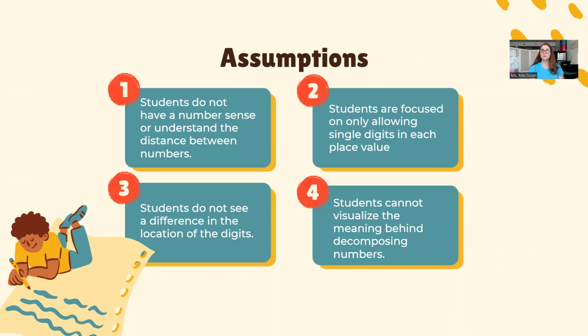A lot of times what I see with my students is that they will see an equation. If there are not enough digits on the top, they will take the number from the bottom and subtract it backwards. Here, I'm going to discuss with you some assumptions that I have, as well as some tools that I have to support the students in building their confidence and their understanding from the foundation up to those with mastery.